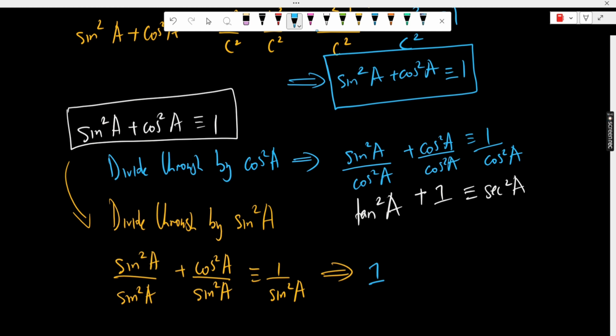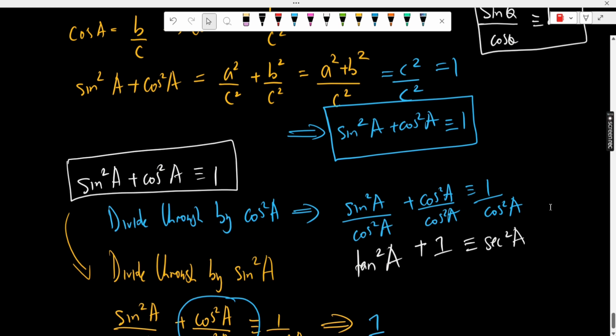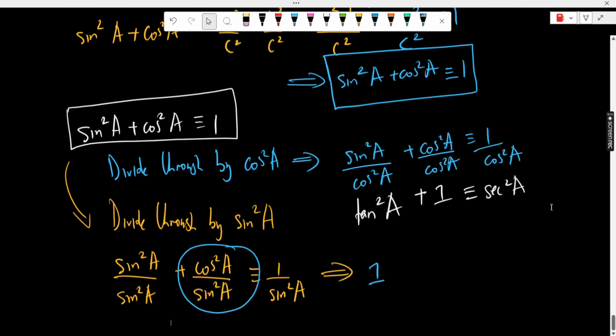So the first term here is 1. This term is basically 1 over, well, cot is 1 over tan. But of course, tan is sine over cos. And therefore, cos over sine will be cot. You understand?